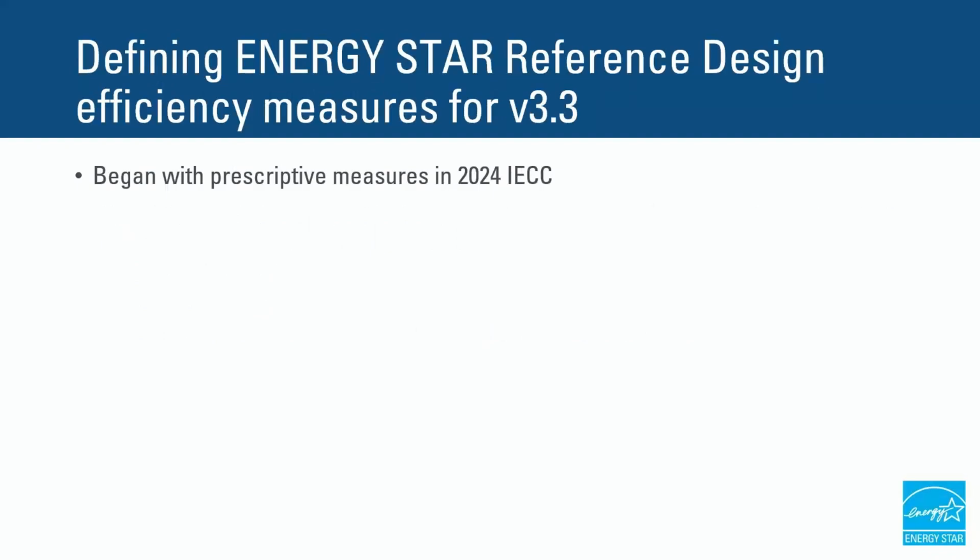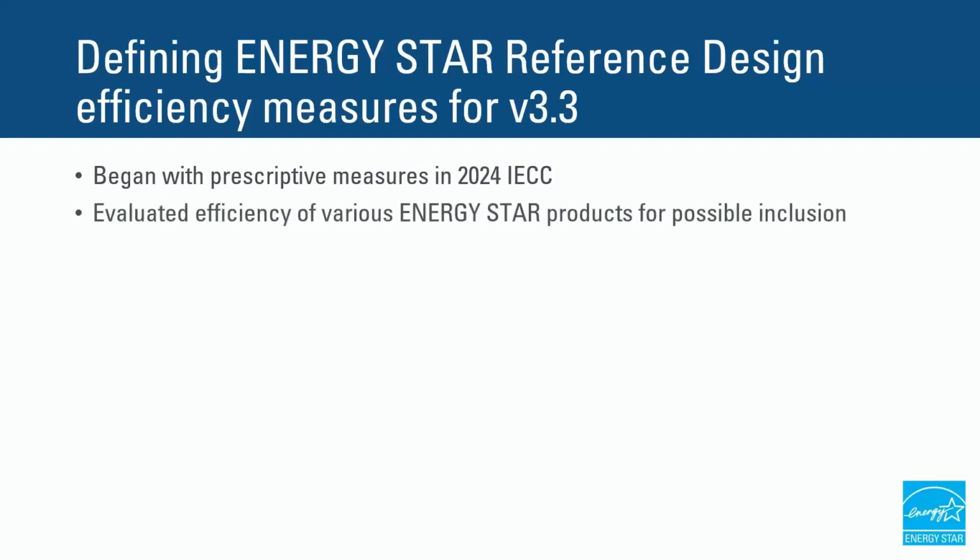For the new Energy Star reference design we developed for the National Version 3.3 proposal, we of course needed even better efficiency measures. So we began by using the prescriptive measures in the 2024 IECC, and then we evaluated the efficiency of various Energy Star products for possible inclusion in the reference design, such as windows, HVAC equipment, water heaters, and appliances.